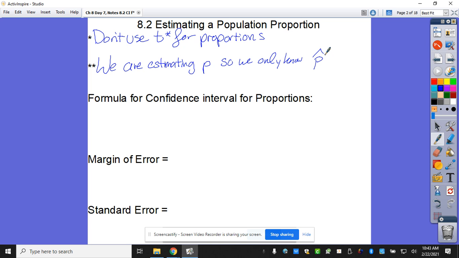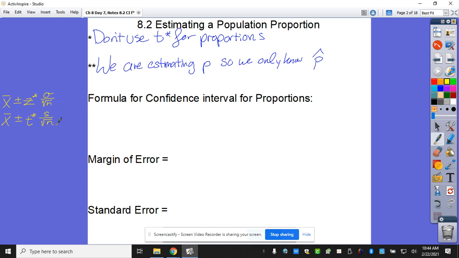So our formula for confidence interval. When we were dealing with confidence intervals for means, this was our x bar plus or minus either z times sigma over square root n, or x bar plus or minus t times s over square root n.